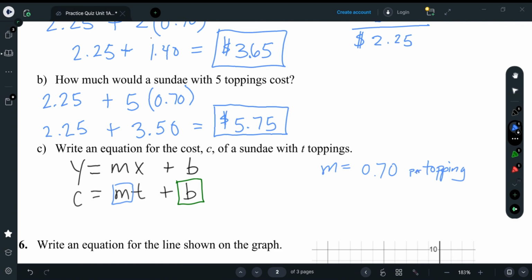M equals 0.7. And then what's the flat price here? The flat price is the price for the ice cream. That never changes. That's the $2.25. So let's go ahead and plug this in.